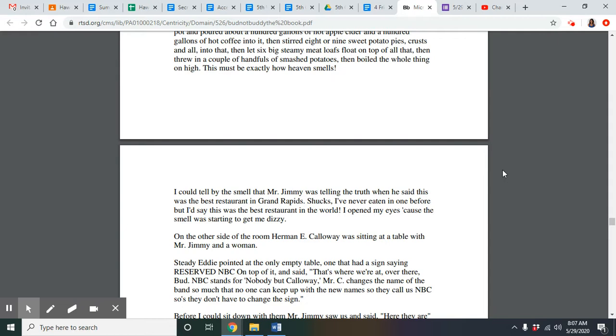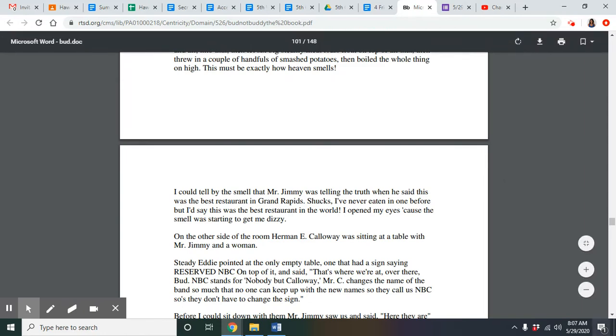He keeps saying, I've never eaten in one before, but I say this is the best restaurant in the world. He's experiencing something new for the first time. You can tell he was on the poor side, to never eat in a restaurant ever in his life, and that says a lot about our character right now as we're watching him grow.